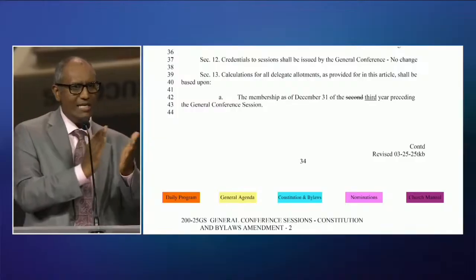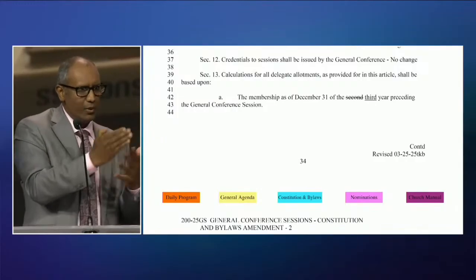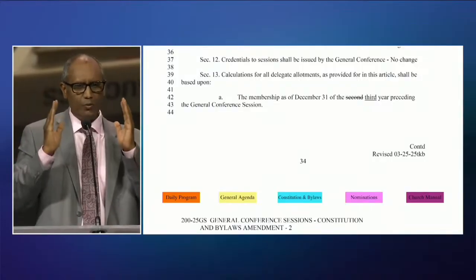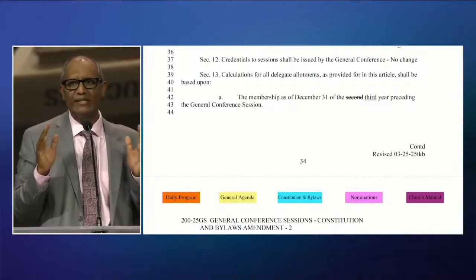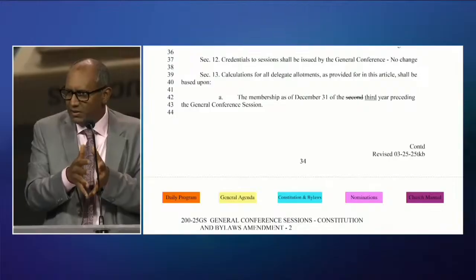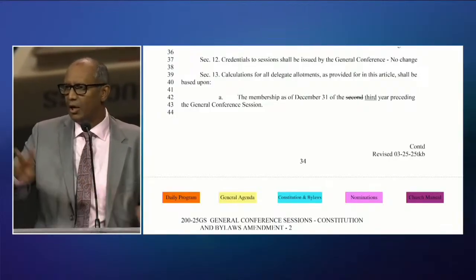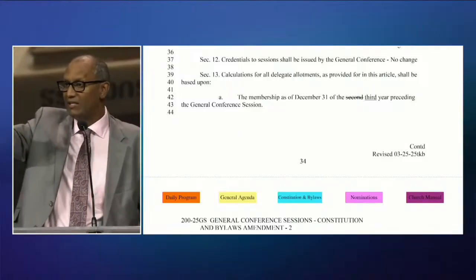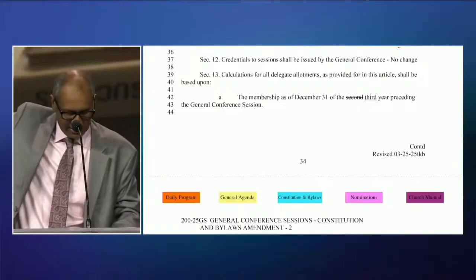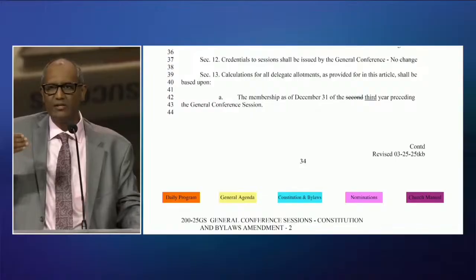Now, we need a cutoff date beyond which we will not go. For example, we say we need to prepare for the 2030 GC session. In the current provision of the Constitution, it says 2 years, as of 31st of December, 2 years. You can see that here. The second year preceding the GC session.